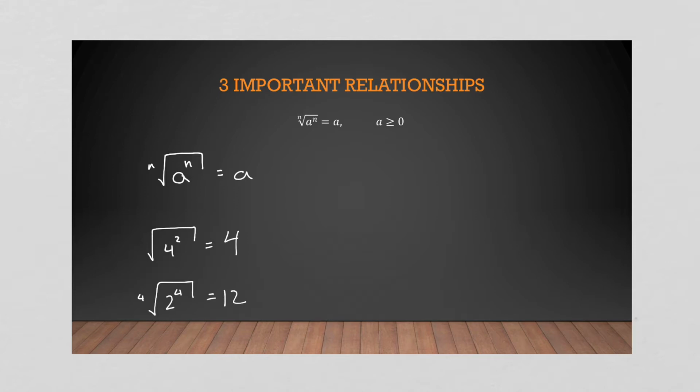is our a value positive? Because if a is negative, we could have a little bit of an issue, right? If we have -2 squared and then square rooted, in this case, the solution is 2 because we're squaring -2 in brackets. A few videos back, I talked about the importance of brackets or no brackets, right?